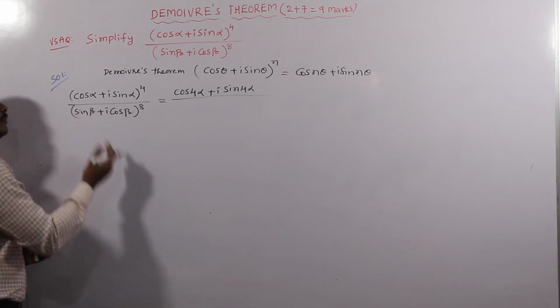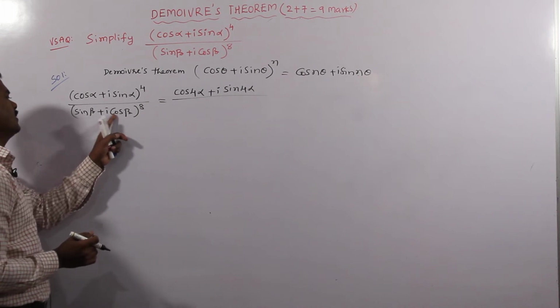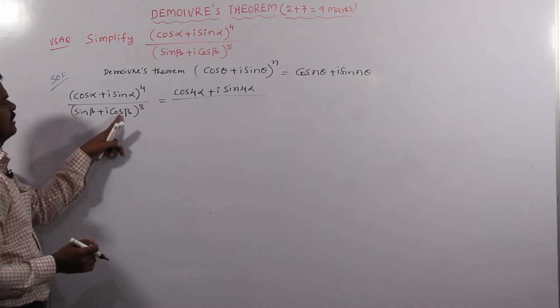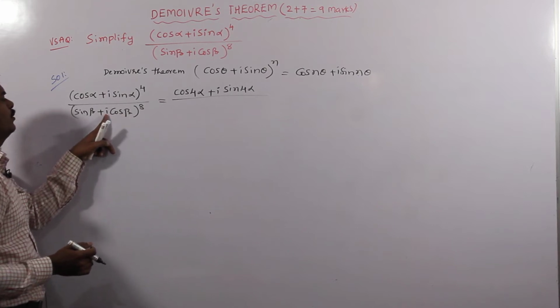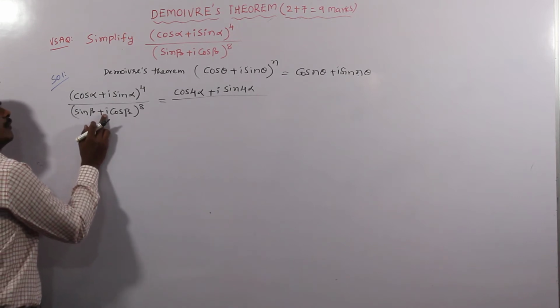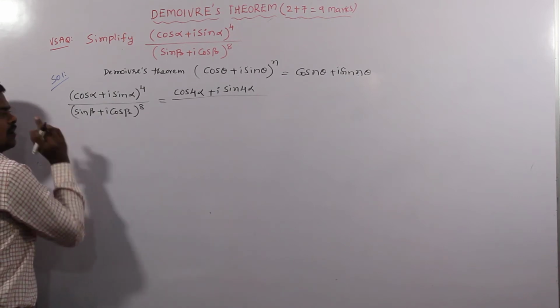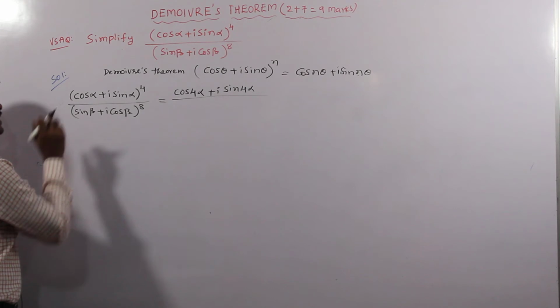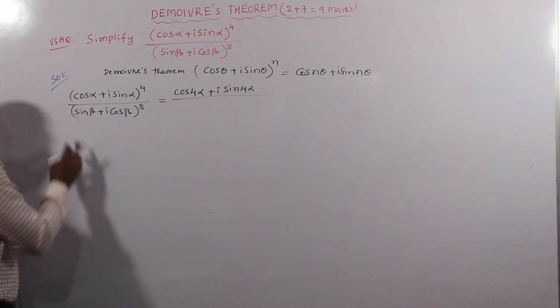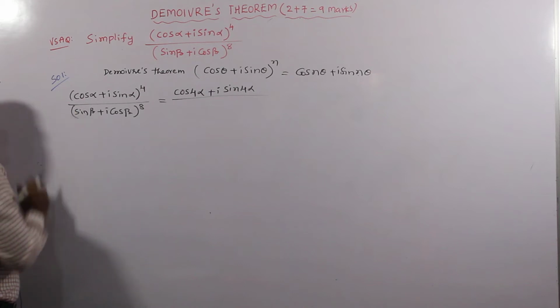So we have to make it real part cos, imaginary part sin. Here with cos beta, we have iota. So we need to take iota common. By taking iota common, we can have the real part as cos. Here I have iota, but here we don't have iota, so we must create iota here also.